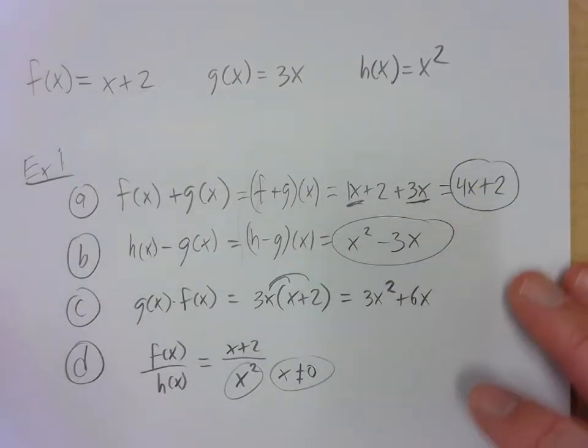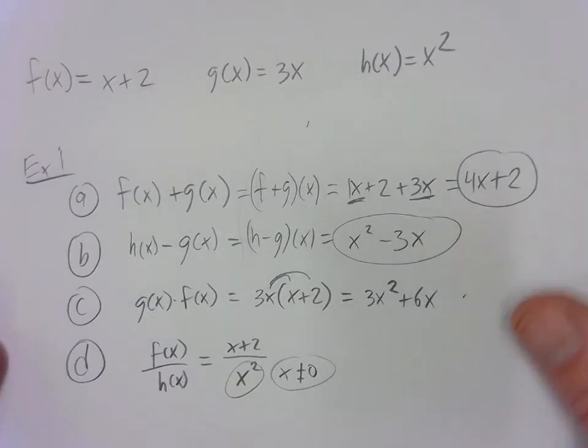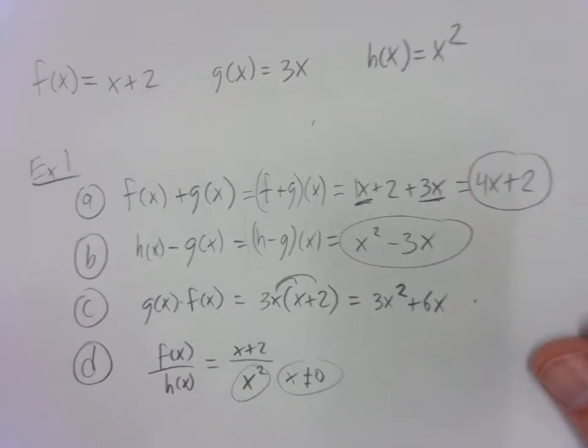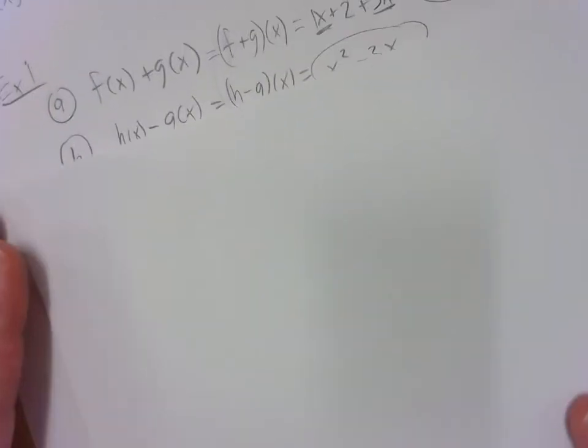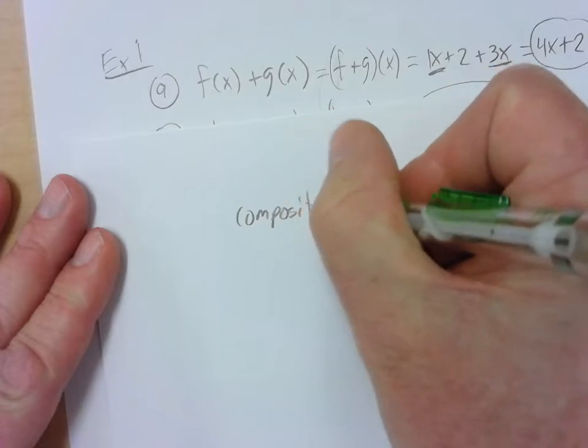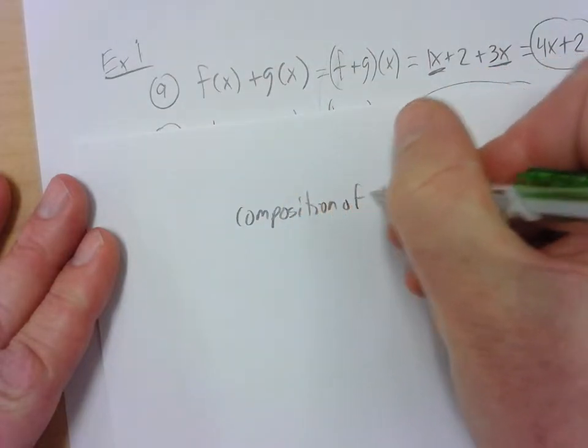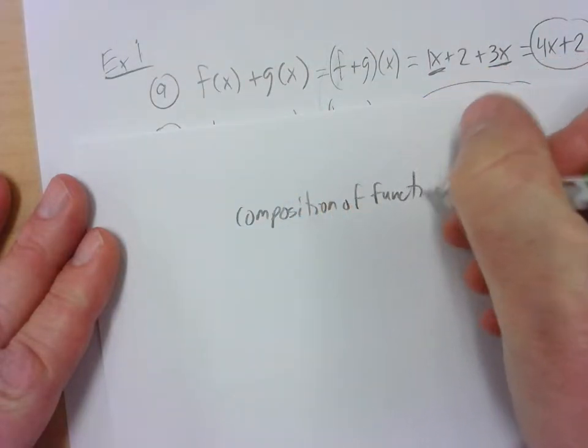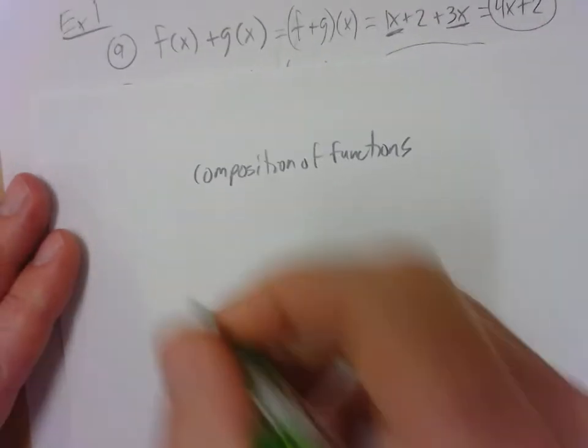To keep the same functions the same, we're just gonna keep going, doing more operations. The next kind of operation is called composition of two functions. So I'm gonna write down here composition of functions, and I'll keep my functions the same.